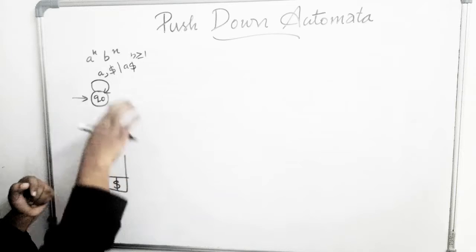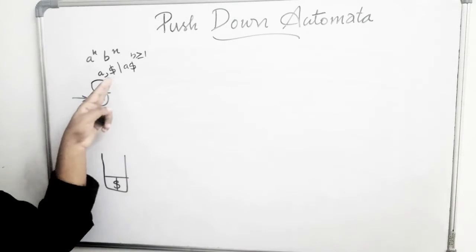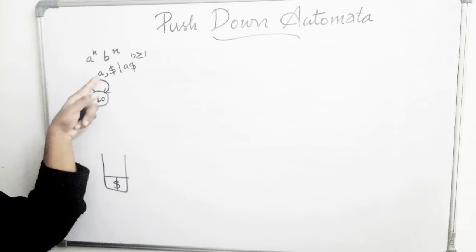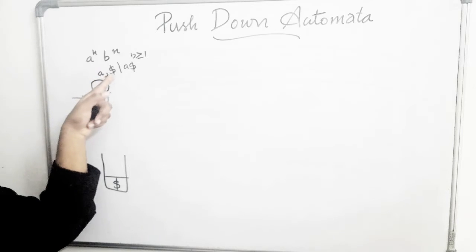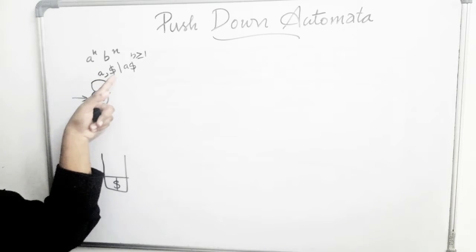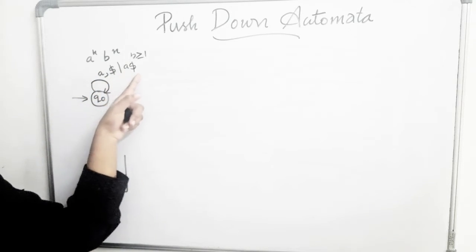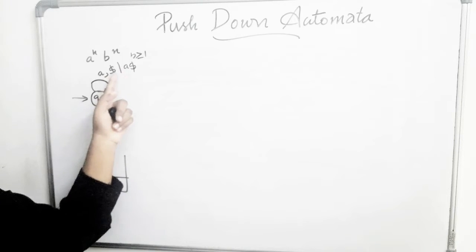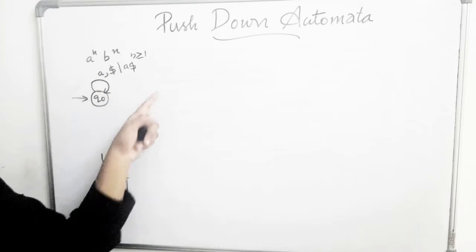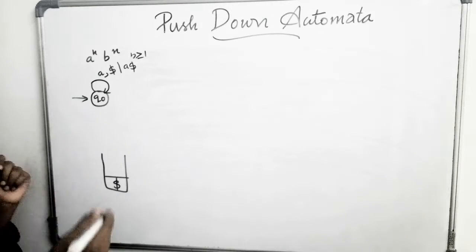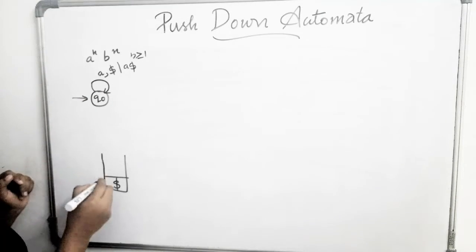This is what I mean by this representation. This notation means that if you see A in the input and dollar on top of the stack, you will push A to the stack. That is, the stack top will be replaced by A dollar. That is, A has been pushed. So that is what happens when the first A comes.